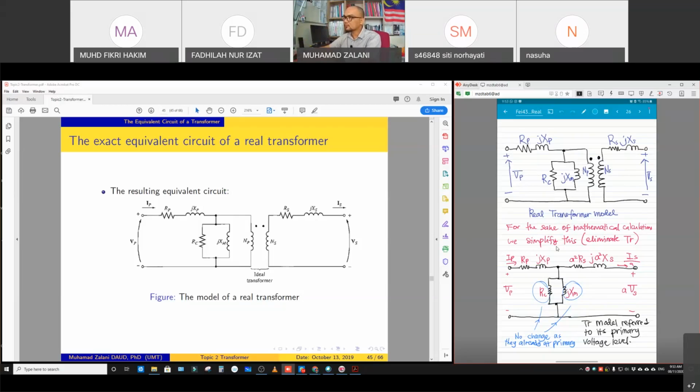In our calculation, we want to eliminate the transformer symbol here.